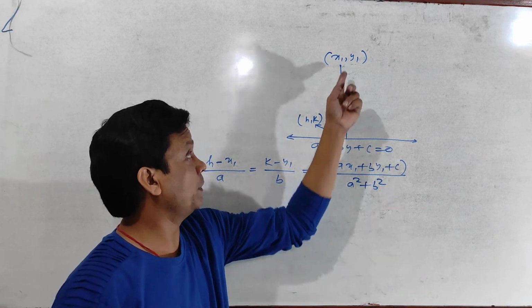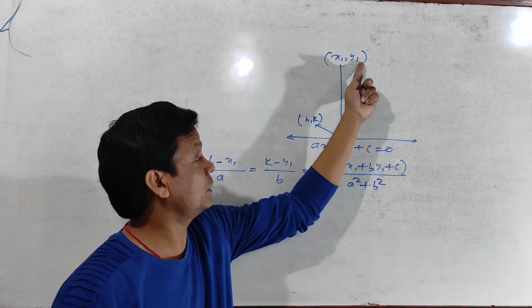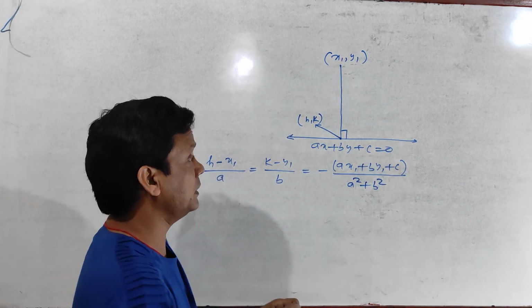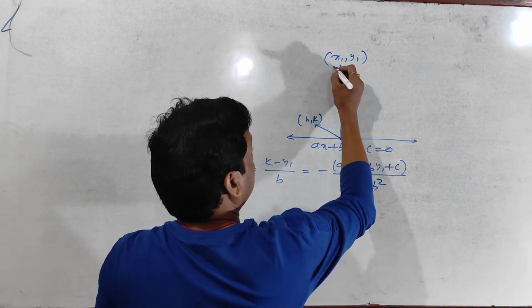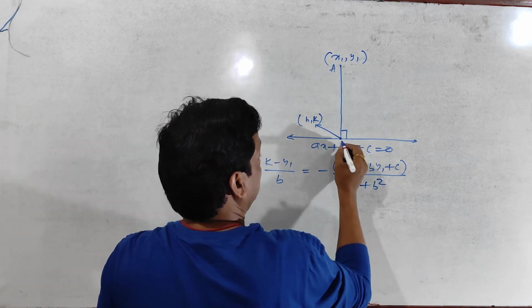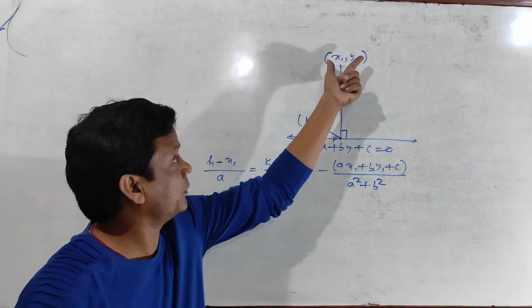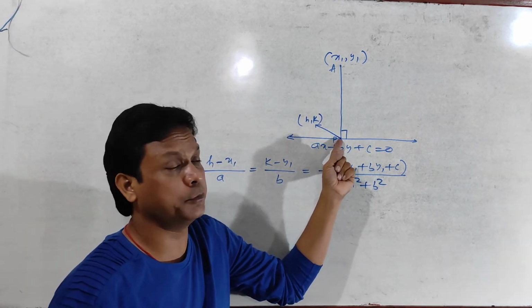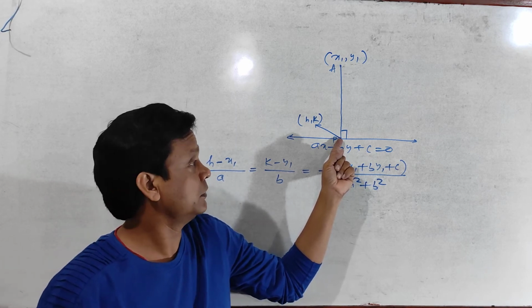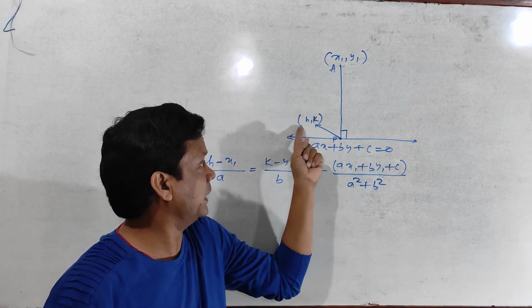Here, how to find the foot of the perpendicular drawn from (x1, y1) upon this line? That means this one is point A and this one is point P. P is the foot of the perpendicular drawn from (x1, y1) upon this line, and you have to find the coordinates of the point P. Let the coordinates of point P be (h, k).